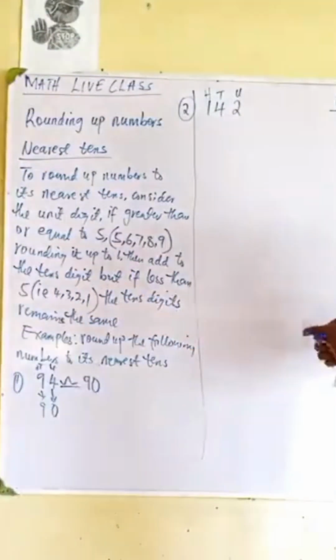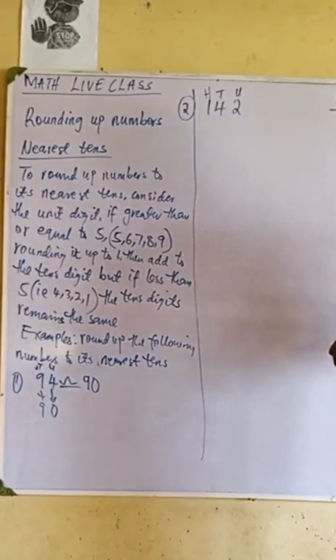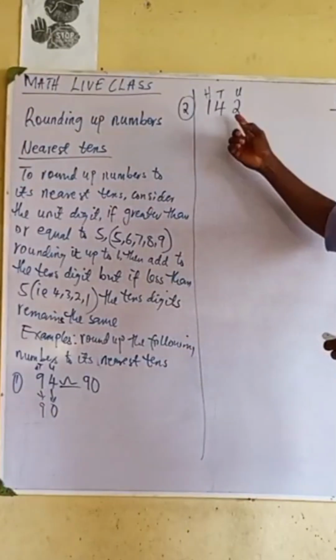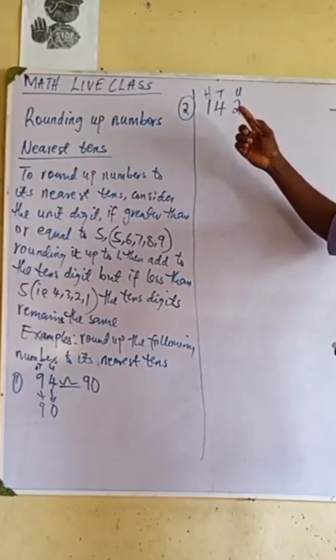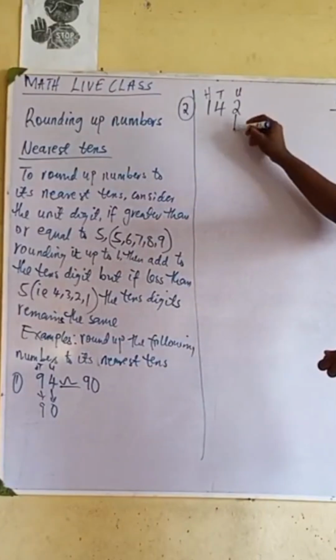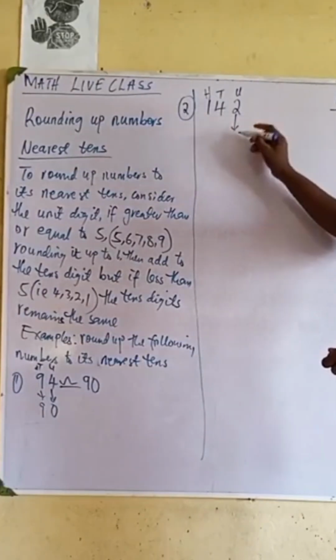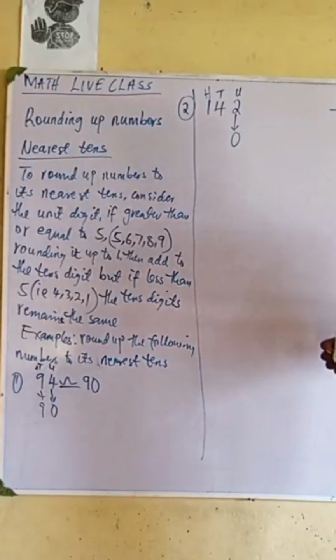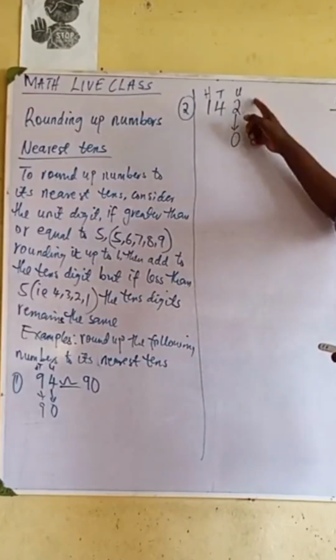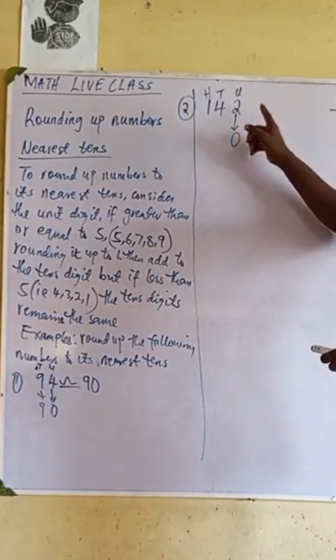If the unit digit is less than 5, 4, 3, 2, 1, the tens digit remains the same. So in this case here, we have 2.